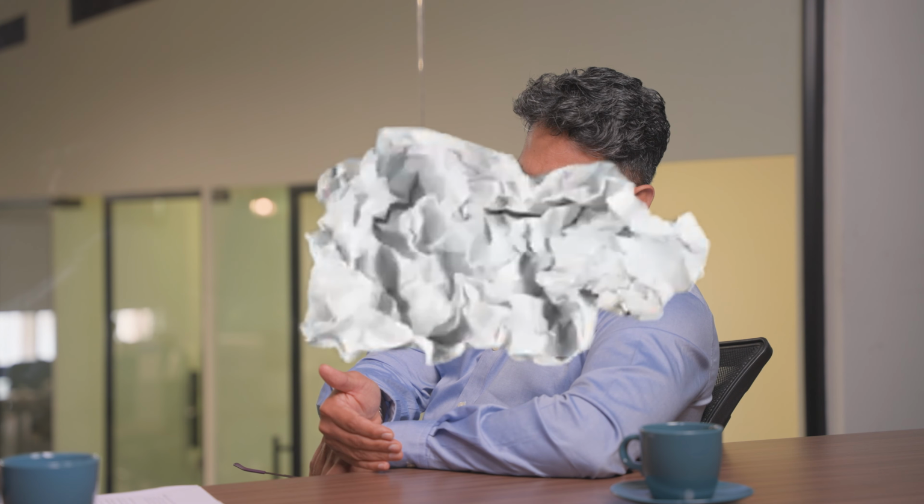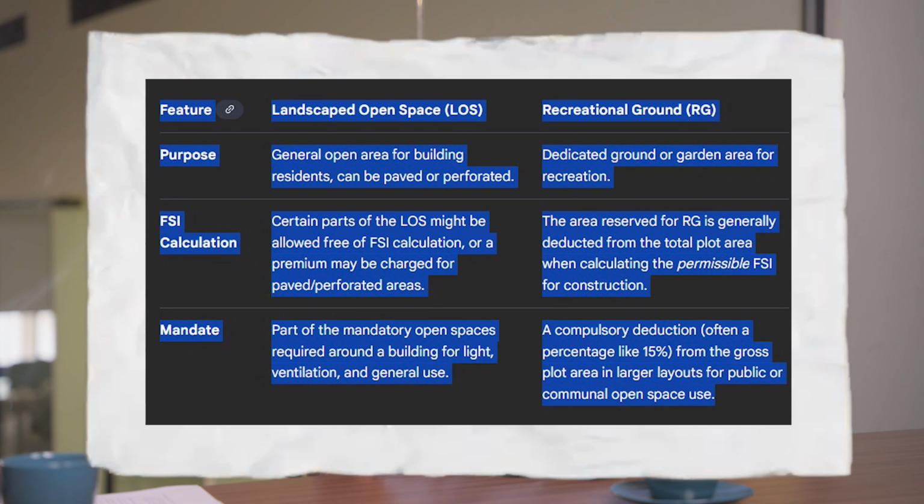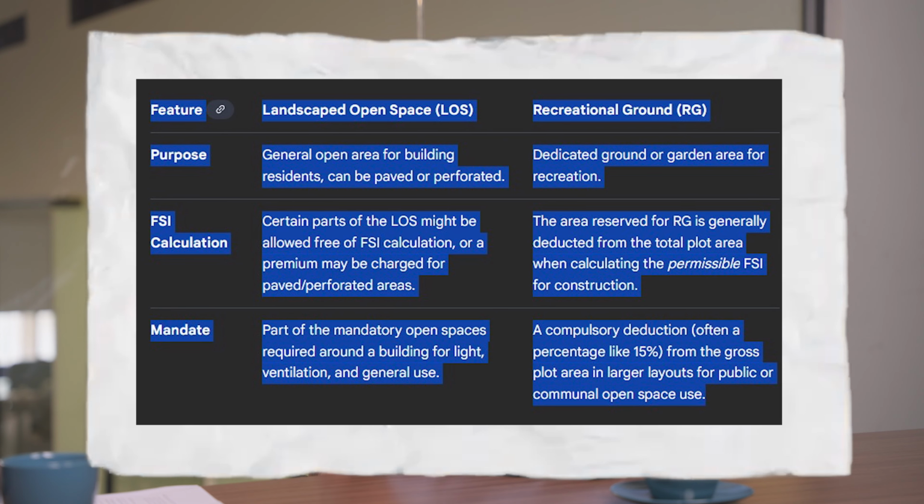Below that, we used to provide physical RG, from 2125 till 10,000 square meter. So there was a concept called deductible RG. Up to 15% of the net plot area, we used to provide RG, which was deducted from FSI. In a few cases, even the internal access road was deducted.